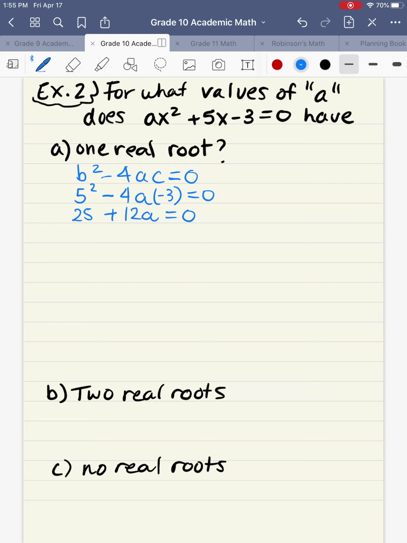Now we're going to solve for a. So 12a is equal to negative 25, and a is equal to negative 25 over 12. This tells us that when a is equal to negative 25 over 12, the equation above has one real root.